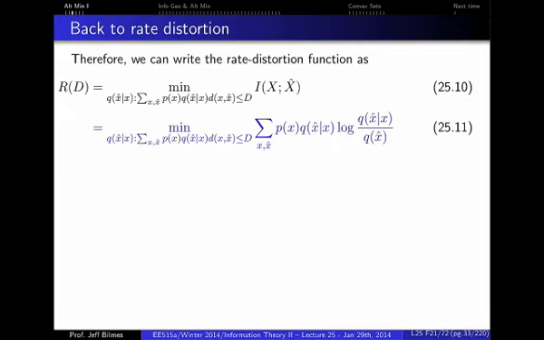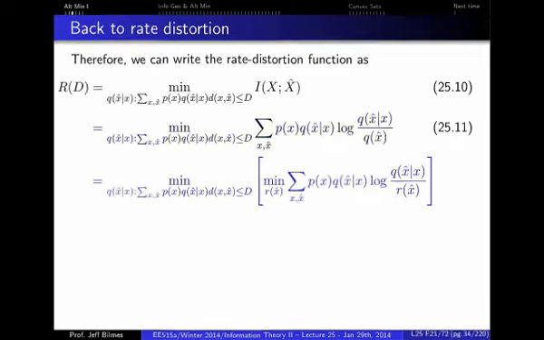But now that we have this way of writing the mutual information as an optimization problem, in particular, in this case, a minimization problem, we can replace Q of x hat with R of x hat and minimize over it. All we're doing is adding this min over R of x hat.